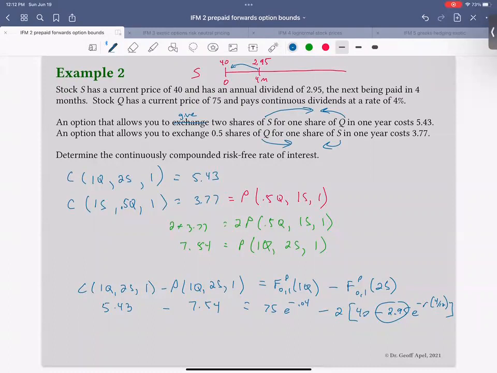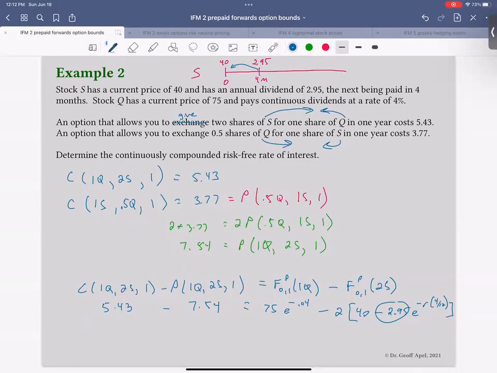Okay, and I think so minus 40. Sorry, I think I might have messed up here.